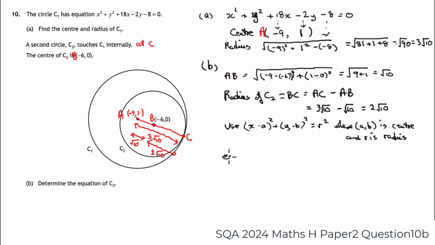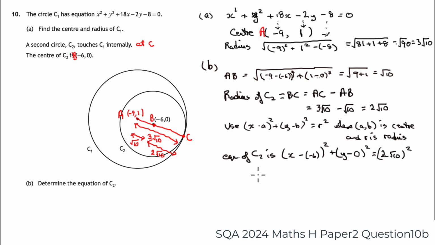So the equation of C2 is x minus, now the x coordinate of the centre of C2 is -6, plus y minus b, the y coordinate of the centre is 0, and the radius, well, we discovered that to be 2 root 10. So that's 2 root 10, and we square it.